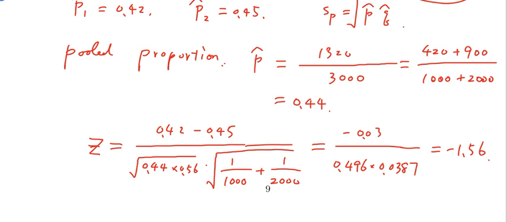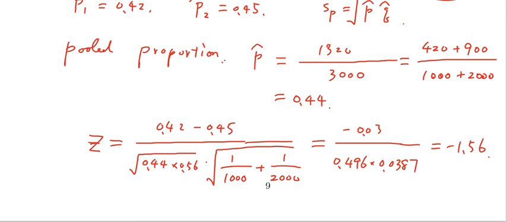Then we need to determine whether this is a big number or small number. For this z value, we have two ways: we can find a p value, or we can find a critical value, right? Here alpha by default is 0.05, so we check the table for 0.05.